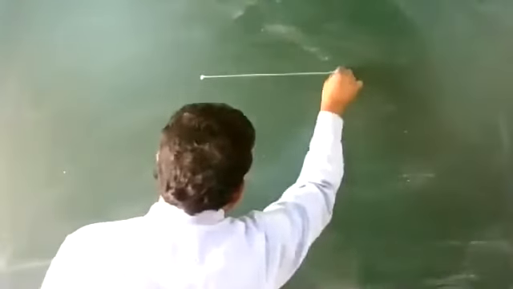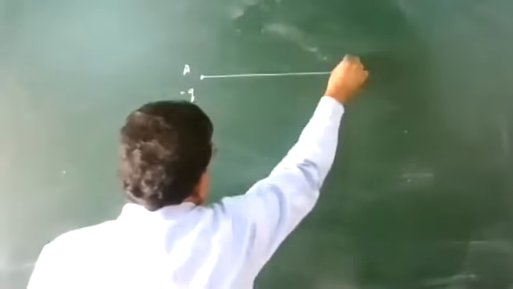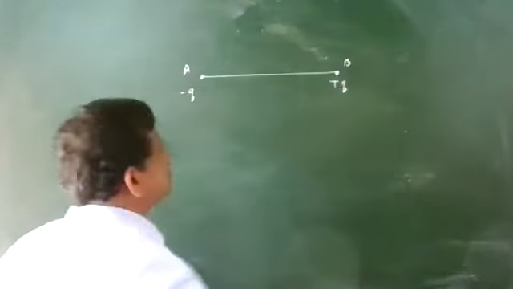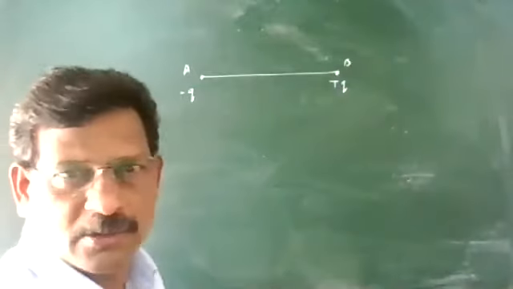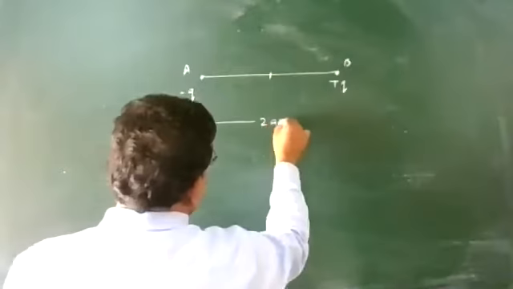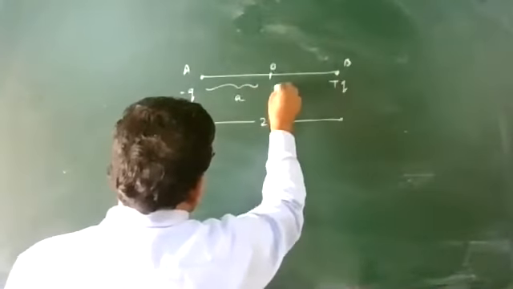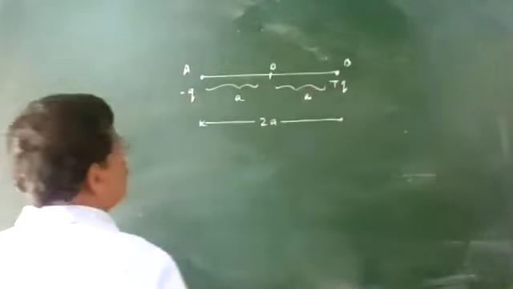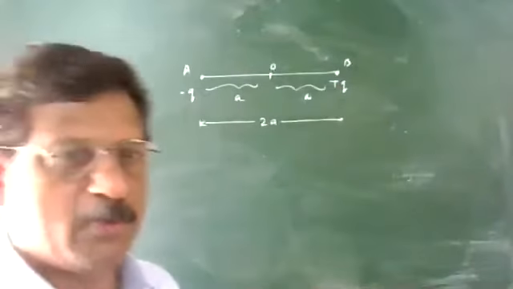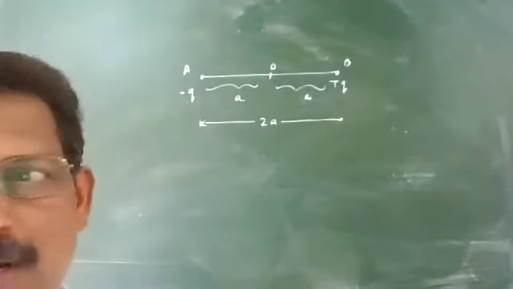You have an electric dipole, a system of two charges, minus Q at A and plus Q at B. What is the total potential at the midpoint? Total distance of the electric dipole is 2A, half distance to the midpoint is A, next half distance is A. What is the total potential at the midpoint of the line joining a system of two charges minus Q and plus Q separated by 2A distance?